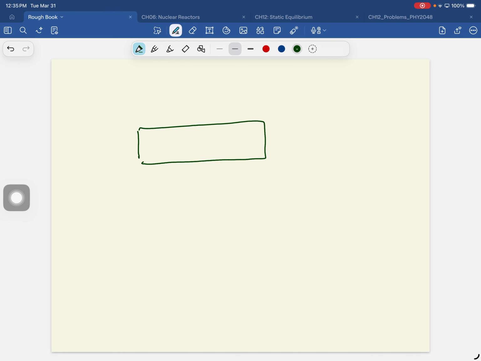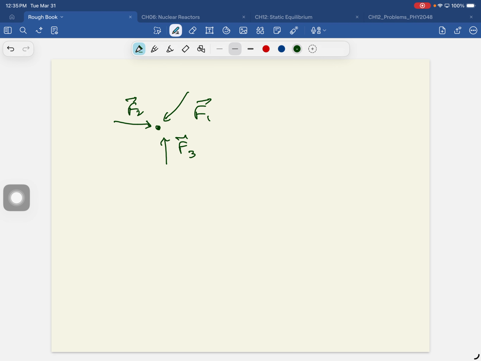Here's a point object, and I apply a force F1. For that object to be at rest, what should be true?